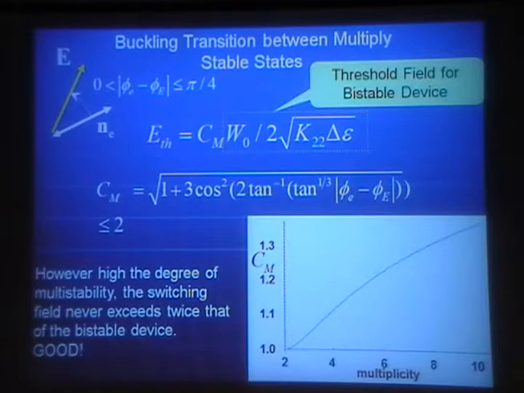However large the multiplicity is, the switching voltage can never exceed a factor of 2 compared to the bistable condition. The control of orientation of switching voltage becomes a fairly involved thing, but as long as you can do that, the voltage itself remains at a fairly low level. This is a slowly varying function of the multiplicity, and Cm is the coefficient of the ratio of the switching voltage.